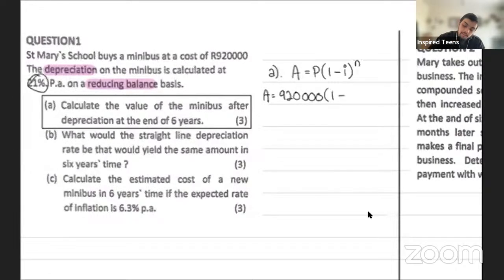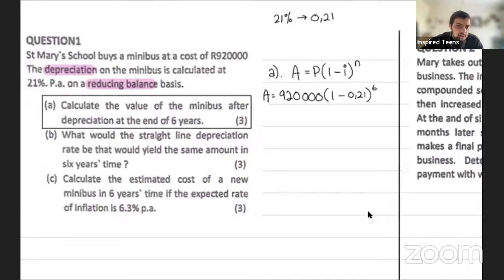Our interest rate is 21%. You can either put 21% and please make sure you put the percentage sign in your calculator, or alternatively, I would just convert it to a decimal, really simple, divide by 100, you get 0.21. So minus 0.21, to the power of 6, because it's 6 years. Remember, we're still dealing with effective interest.